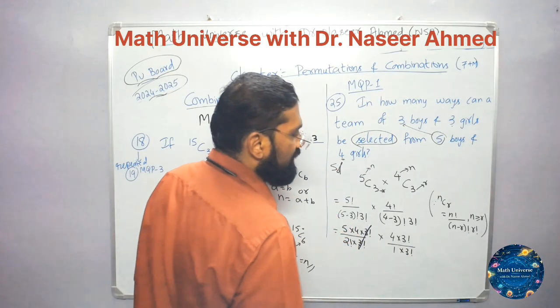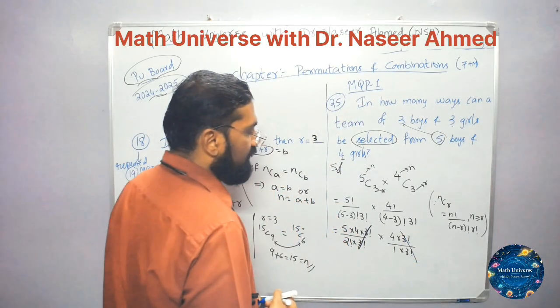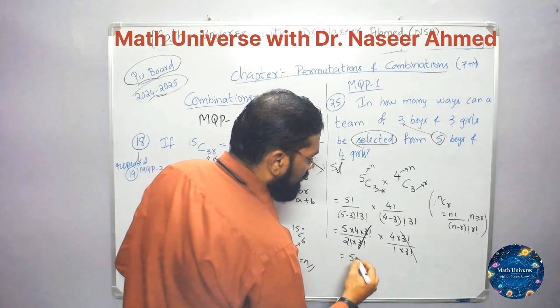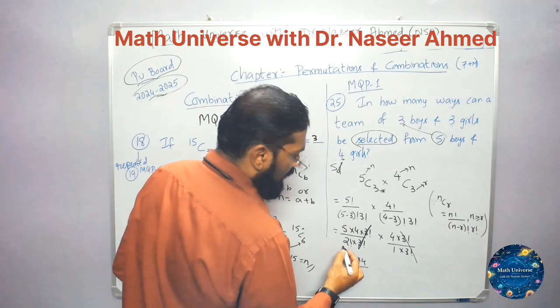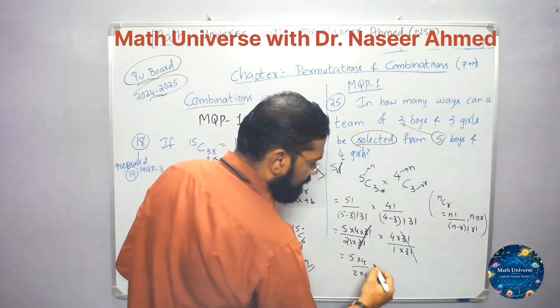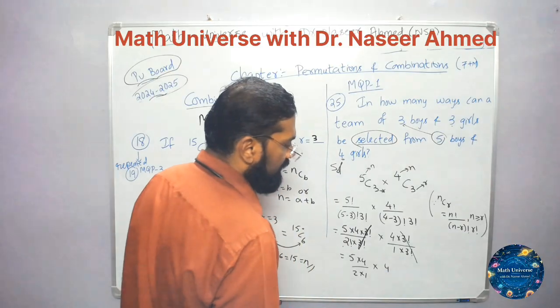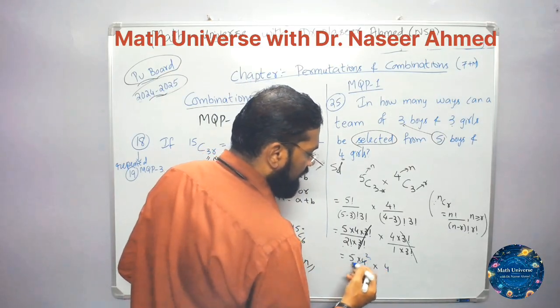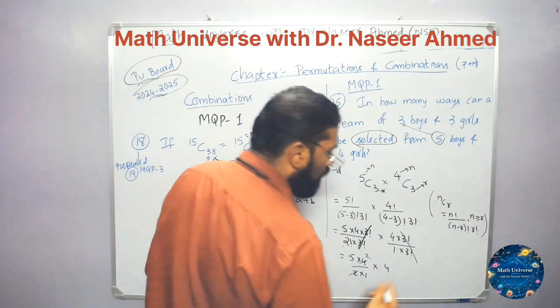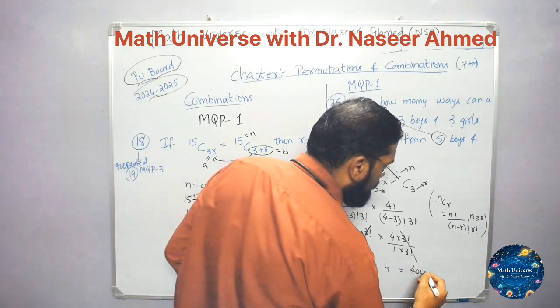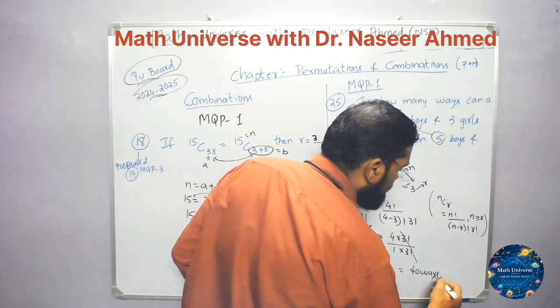So easily we can see 3 factorial will get cancelled. Now here 5 into 4 divided by 2 factorial, which is 2 into 1. Then here 4. So 2 fives are 10, 10 into 4, 40 ways. 40 ways we can select them.